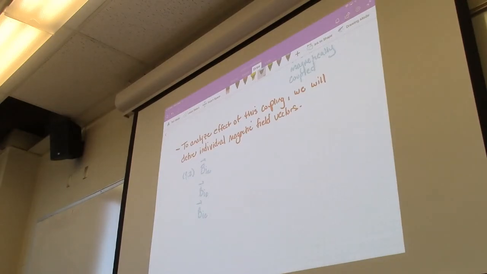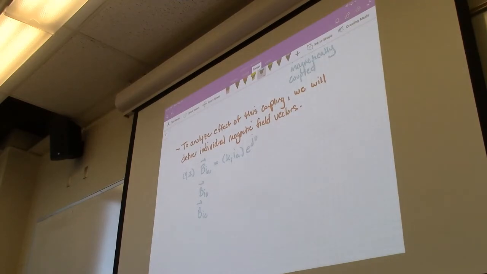Okay, so BIA equals K1 IA, and we'll explain in a second where this is coming from, times e to the j 0 degrees, plus K1 IB times e to the j 2 pi divided by 3.